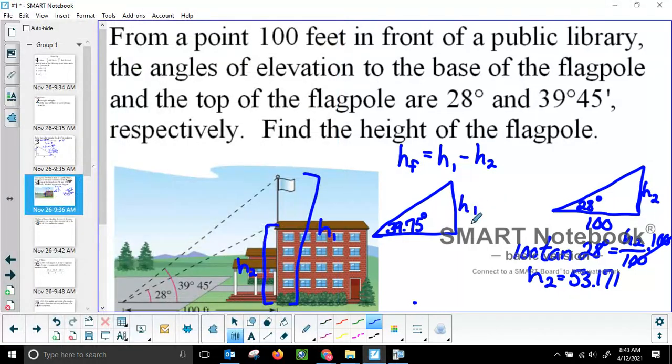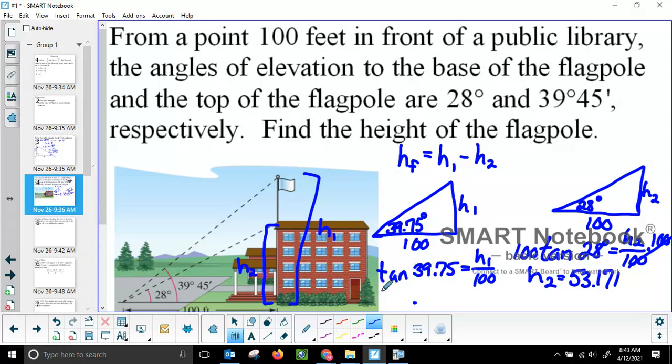Anyway, this is my H1, and this is still 100 feet. So it works the exact same way as this triangle. I just have a different angle. I'm still dealing with my opposite and my adjacent, so I'm still talking about tangent. So the tangent of 39.75 degrees is equal to opposite over adjacent.